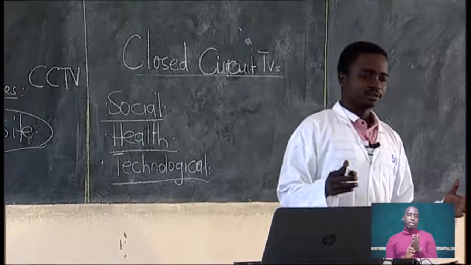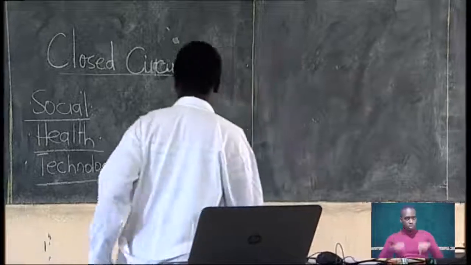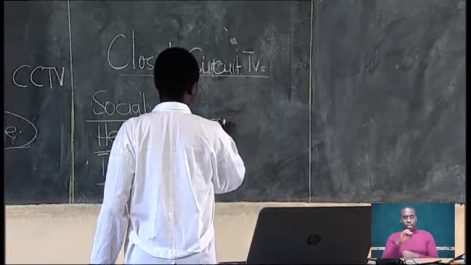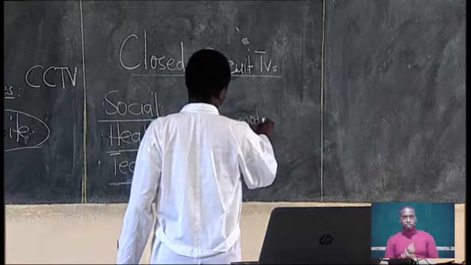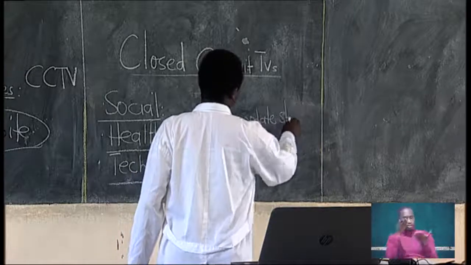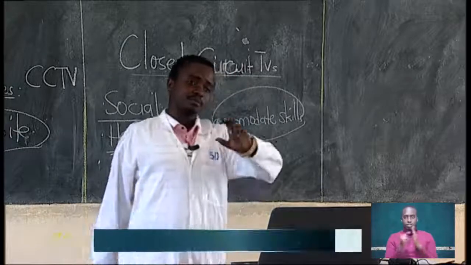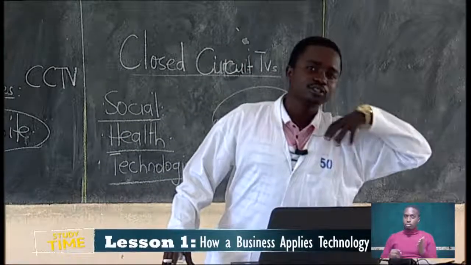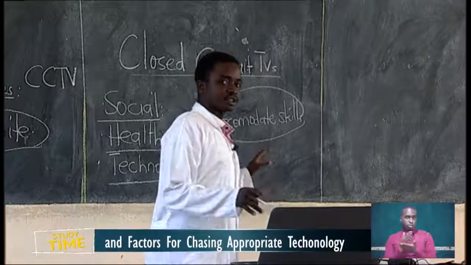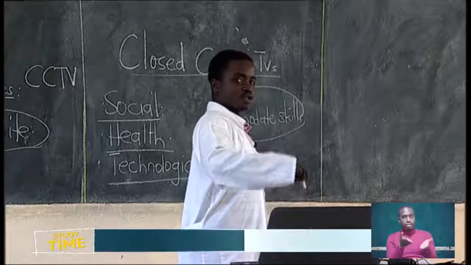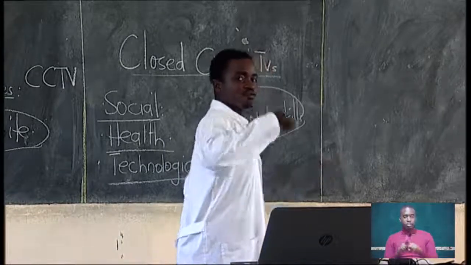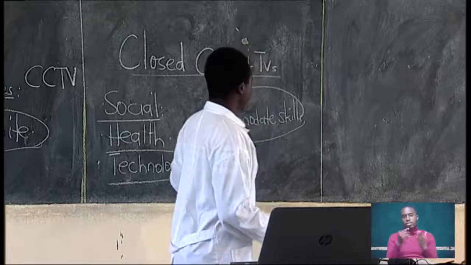So what does it mean? It should accommodate the skills available. It should fit the existing conditions, because appropriate technology is a type of technology that matches the existing conditions, with the skills.